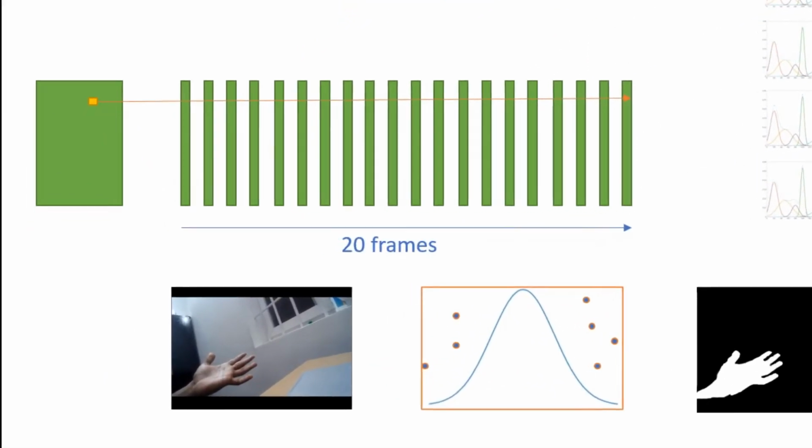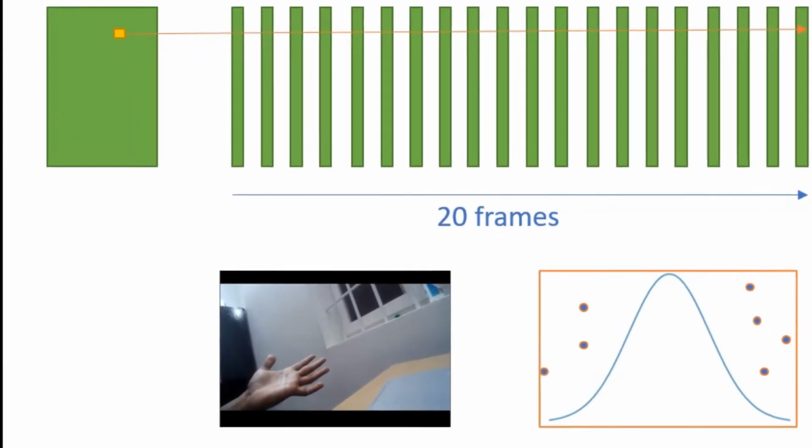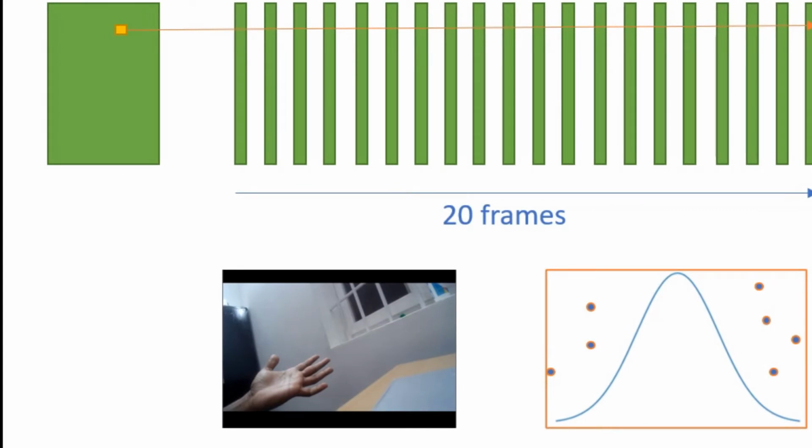Let me explain again here. These areas in the background are trained, and we arranged a Gaussian distribution for this area.